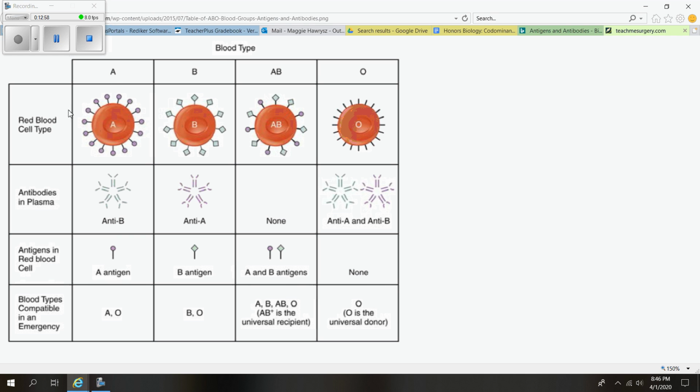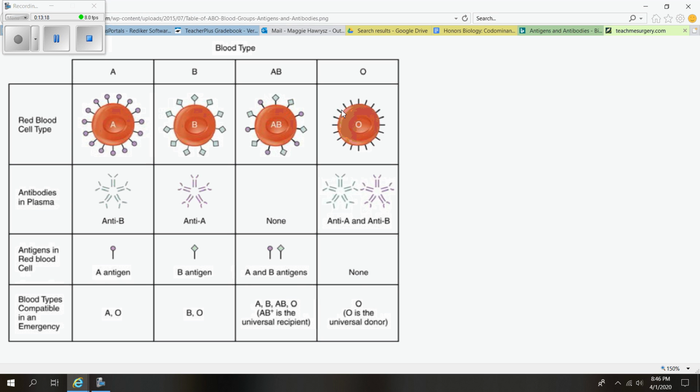Blood type A is going to have A antigens on its surface. Blood type B is going to have B antigens. Blood type AB is going to have both antigens. And blood type O is going to have no antigens on its surface.